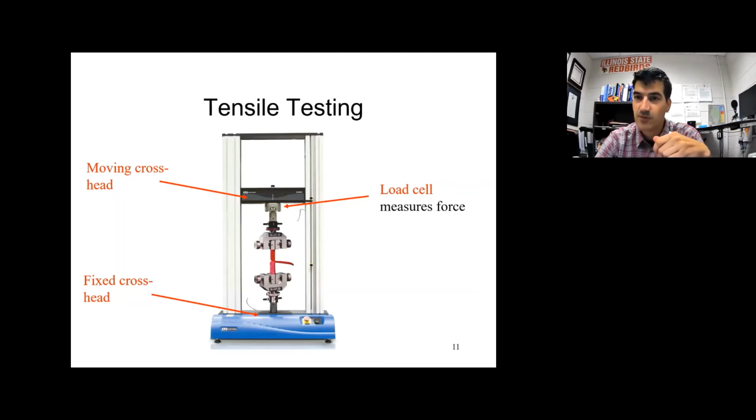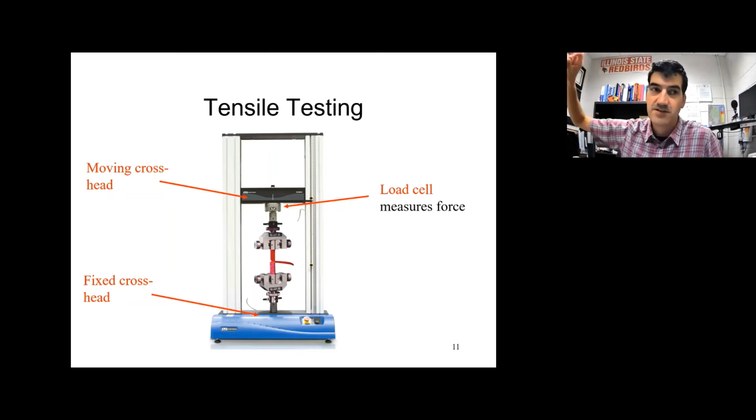One important thing I want to get to in a second, but let me first talk about the parts of the machine. This is a smaller version of the machine that we have in the plastics lab, Turner 122, I think it is. It says plastics lab over the door from the hallway, so you'll see it. What we've got here is a universal test machine, UTM, and we have a base down here, otherwise known as a fixed crosshead.